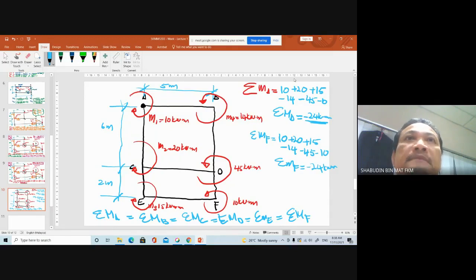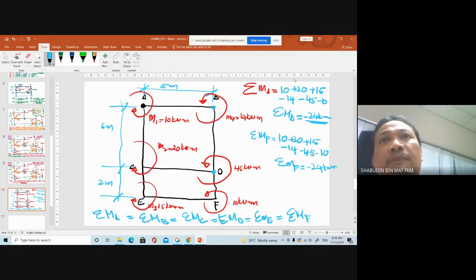Okay, it's not only the moment at point A, it's everywhere here. Everywhere in the system, in the structure, has the same value of moment.